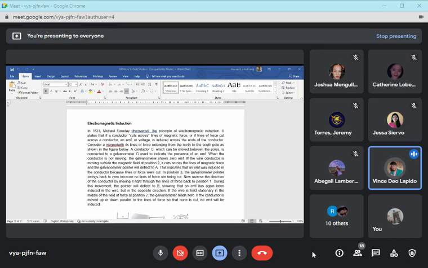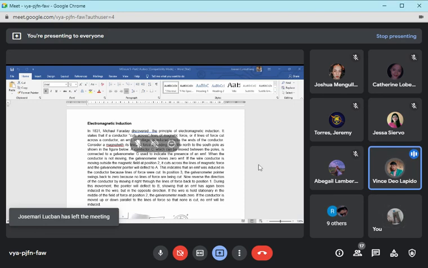The conductor C can be moved between the poles. Here the conductor is not moving, so the galvanometer shows 0. If the wire conductor is moved outside the magnetic field to position 2, it cuts across the lines of magnetic force and the galvanometer pointer will deflect.